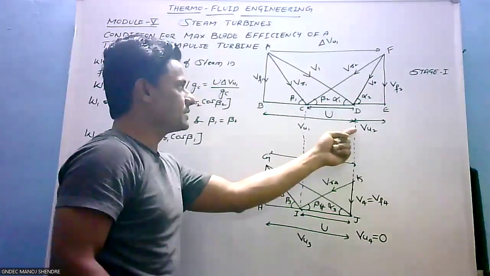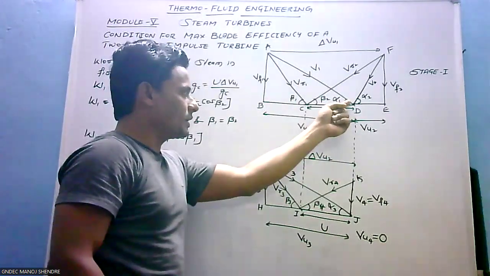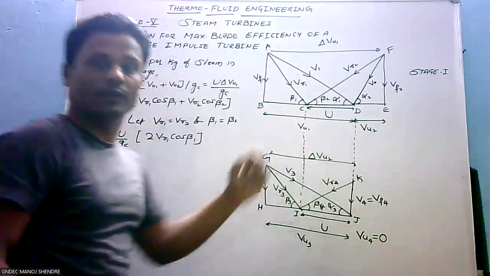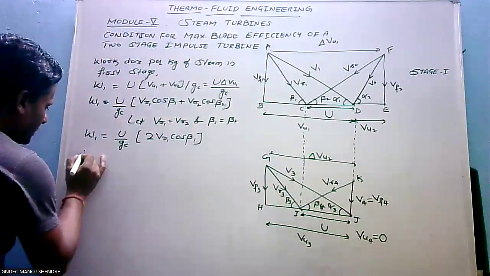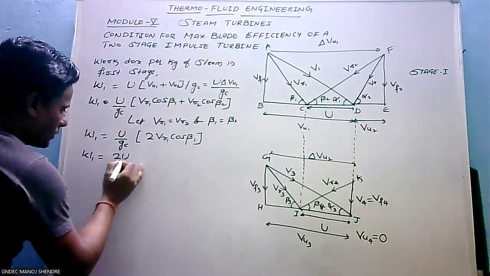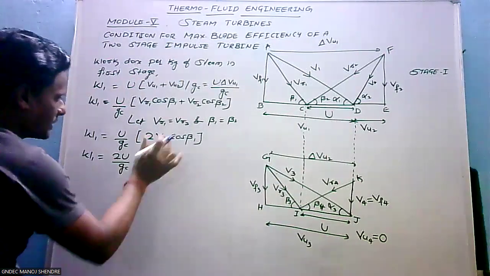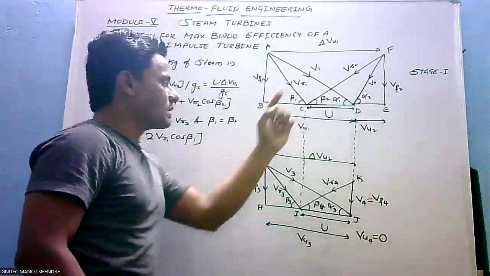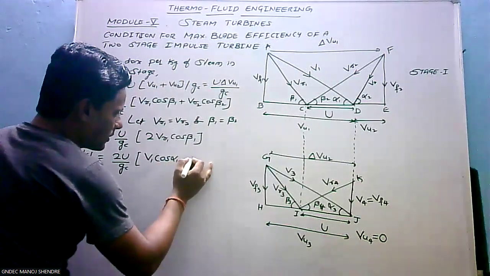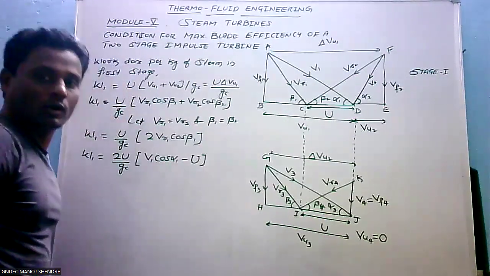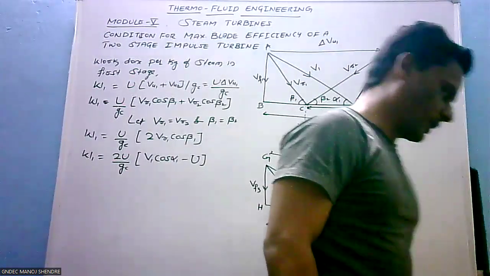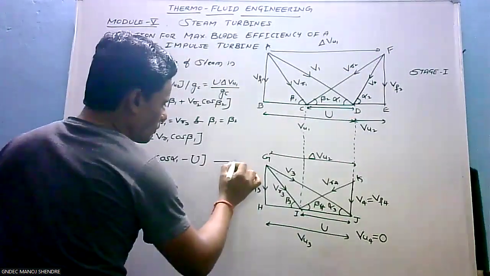BD is V1 cos alpha 1 and CD is U. So V1 cos alpha 1 minus U. So W1 equals, let us take 2 outside the bracket, 2U by GC into (V1 cos alpha 1 minus U). Let us keep this as equation number 1.